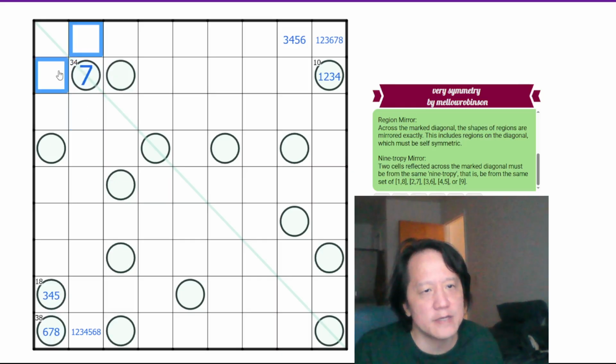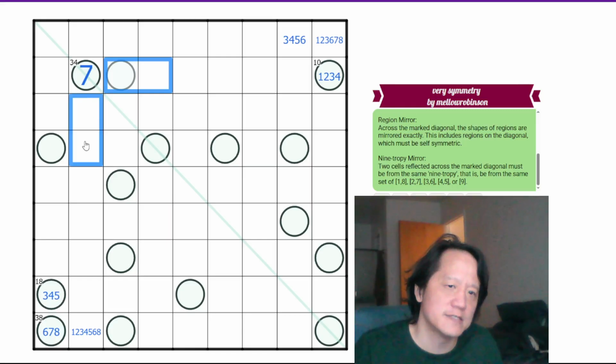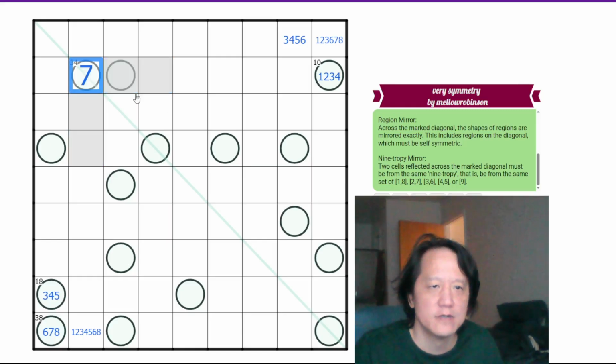That means it can see at most 2 cells here. It sees a third here, and then 4, 5. It has to see these 5 guaranteed. So those are all the same region. It could see either those 2 or these 2. We're not sure which.